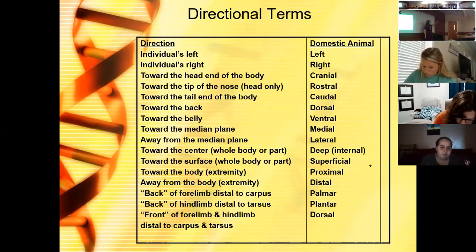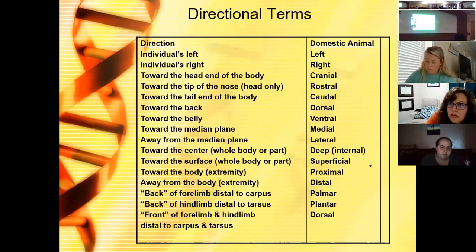Where is the school in relation to my house? I start the GPS at my house and it brings me to the school. Where is my ankle in relation to my knee? My ankle is distal to my knee. My GPS got started at my knee.